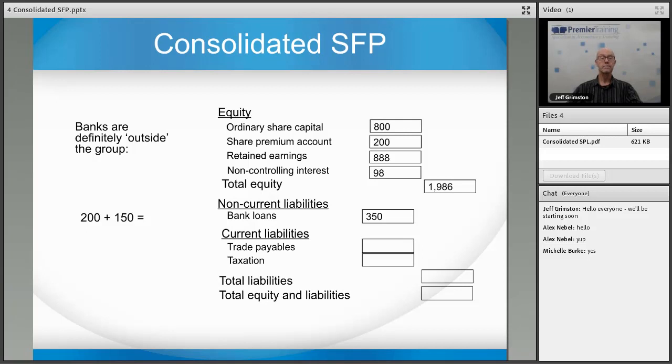Current liabilities. Two items here. Trade payables. You'll recall that we had to make an adjustment to receivables because some of the money owing to Baker was owed by Ginger. This means that some of the money owed by Ginger is owed to Baker, so the identical adjustment takes place. This is how most group adjustments don't affect the overall total of assets and liabilities, because they cancel out.